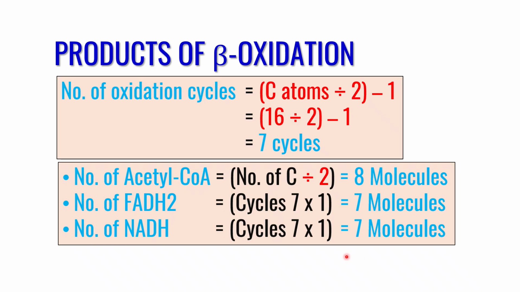So using these formulas, you can quickly calculate the number of cycles, acetyl-CoA, FADH₂ and NADH, and you can calculate the total number of ATP produced from a given fatty acid by the Krebs cycle and by oxidative phosphorylation, or through the electron transport chain.